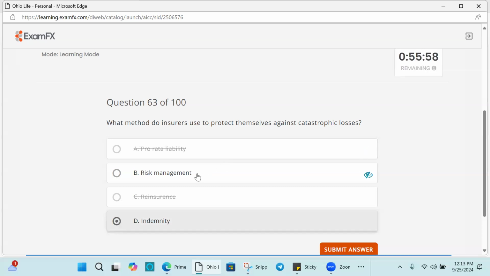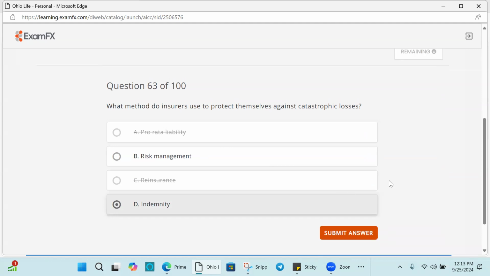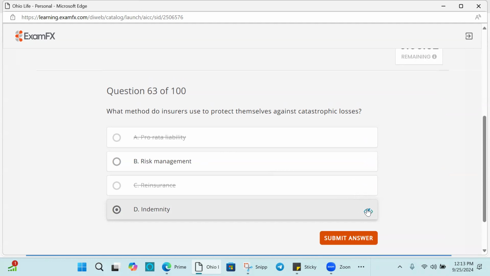I'm gravitating towards B. So it could be indemnity or risk management. I don't think it's pro rata liability.